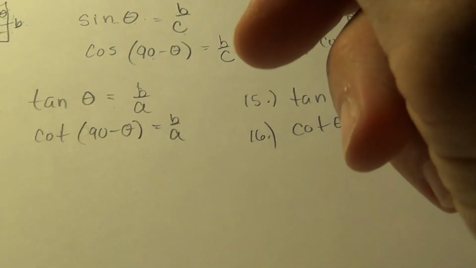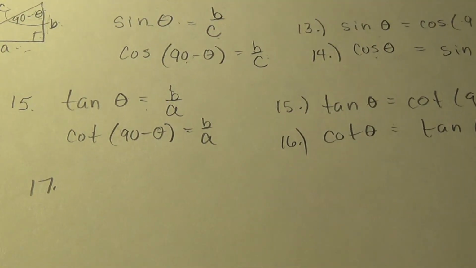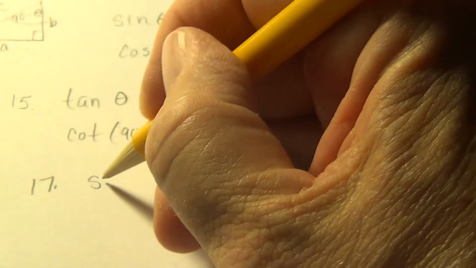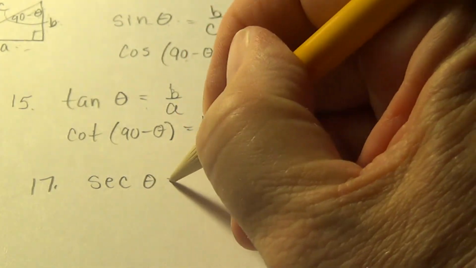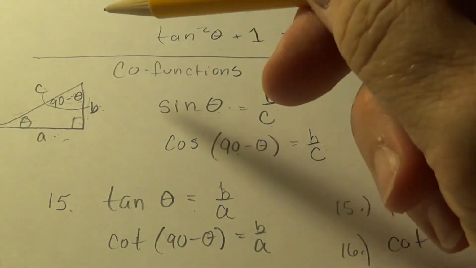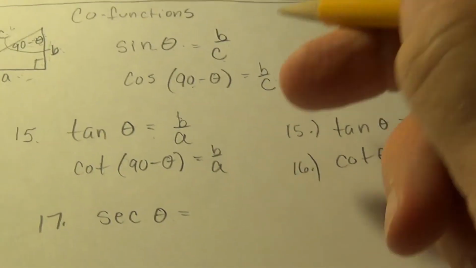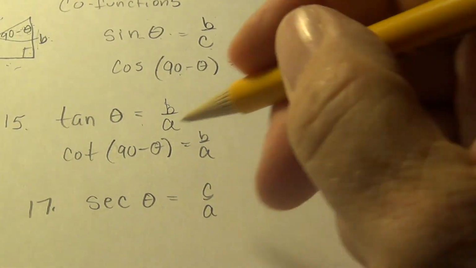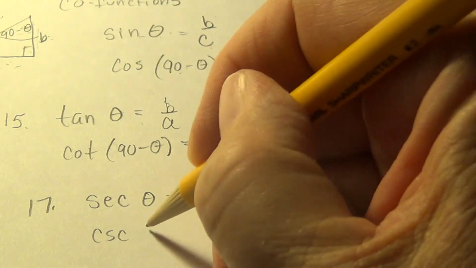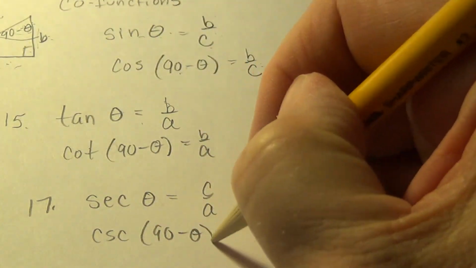All right, 17 is going to be secant of theta. So going back here, secant is hypotenuse over adjacent, c over a. And I was wondering what cosecant of the other angle is.